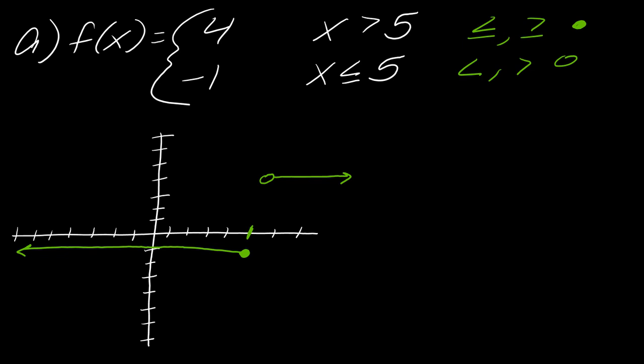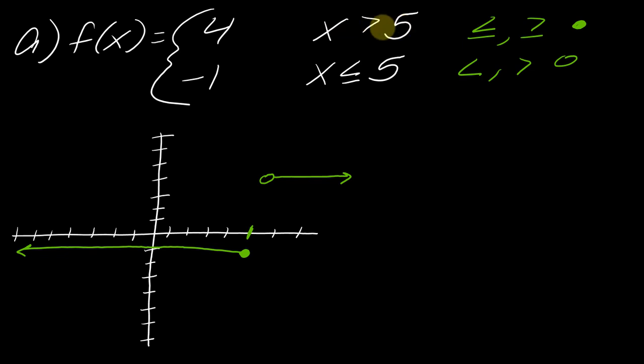Okay, so there's usually a couple questions with this. This is the graph, but why is it that I had to put a dot here at 5? Because it says that 5 is not included. So think about what it means to be greater than 5. This means that we want to get as close to 5 as possible without actually touching 5.